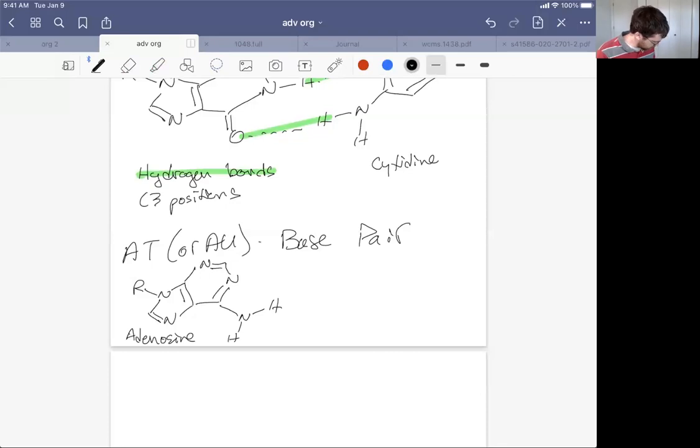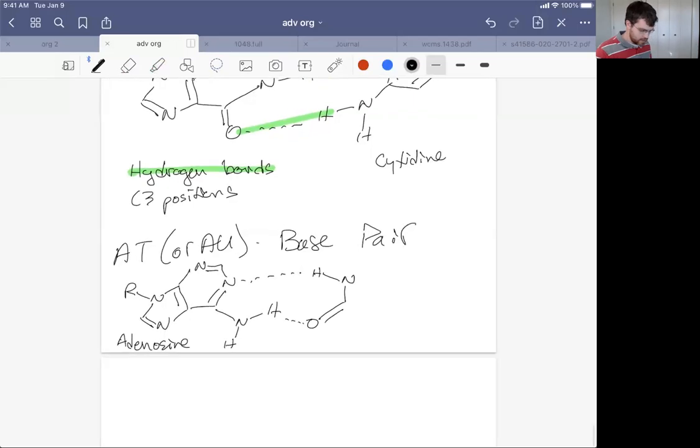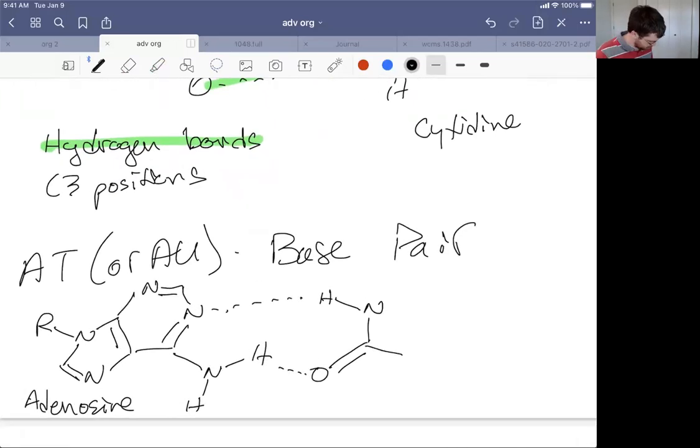Now, that's going to have a hydrogen bond with an NH off of the carbonyl of the pyrimidine. And what's not to like about adenosine?